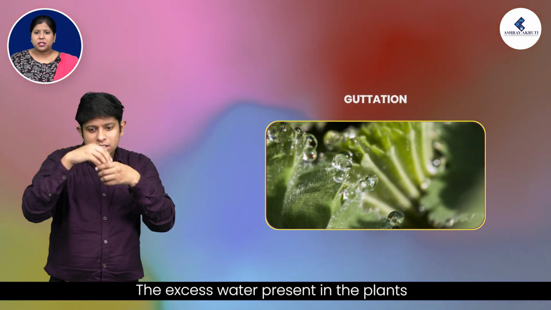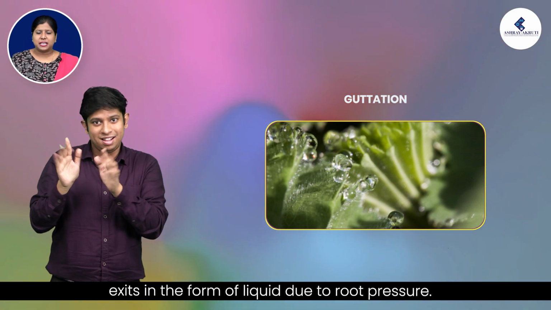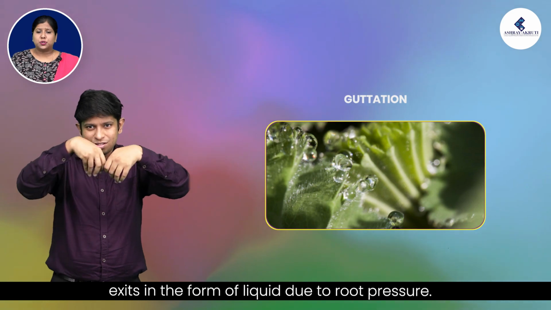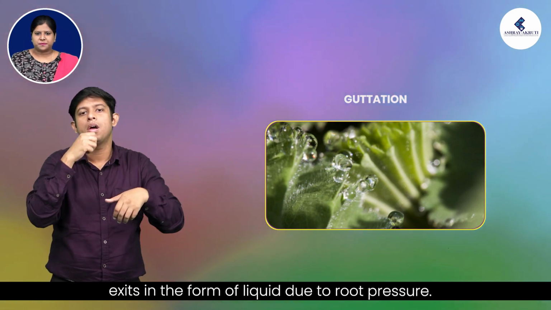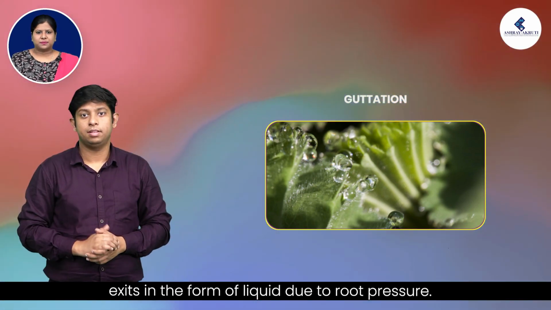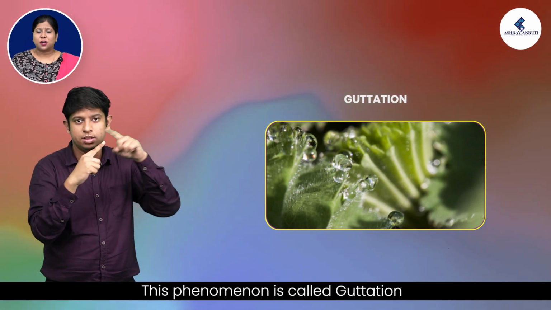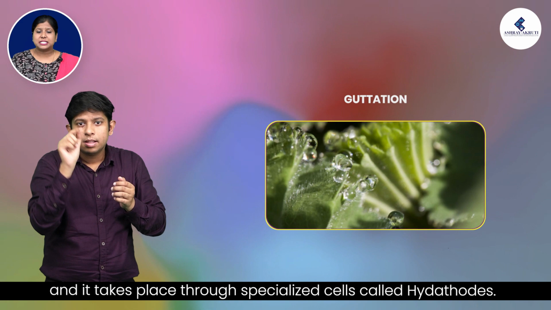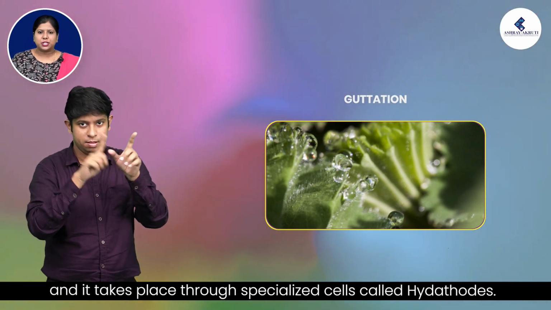The excess water present in the plants exits in the form of a liquid due to root pressure. This phenomenon is called guttation, and it takes place through specialized cells called hydathodes.